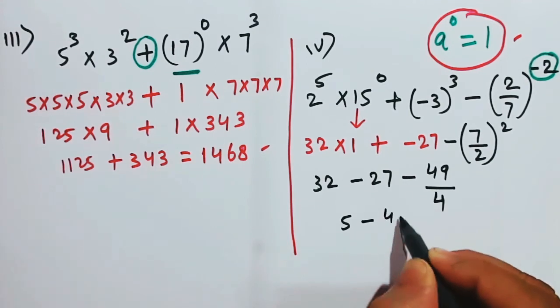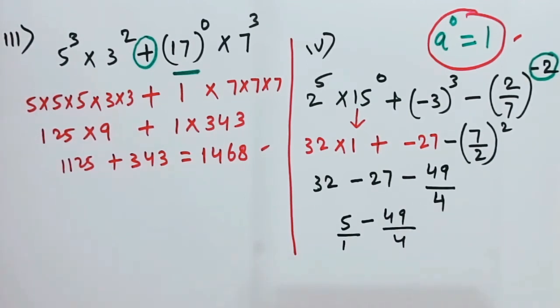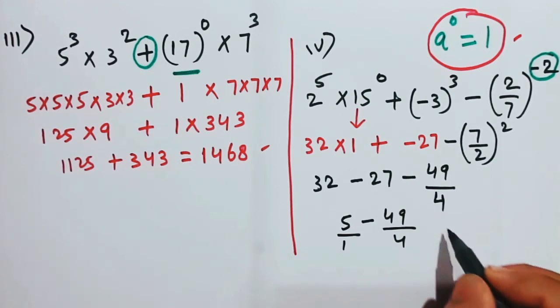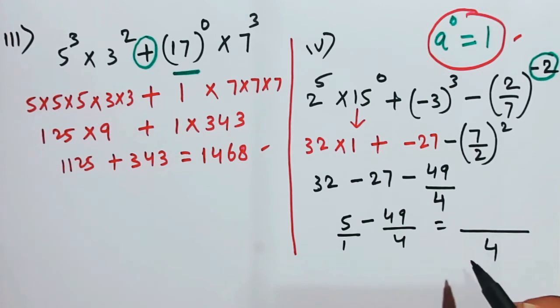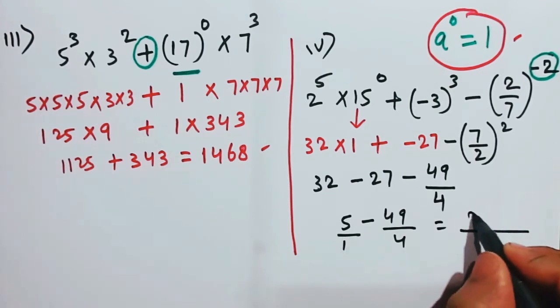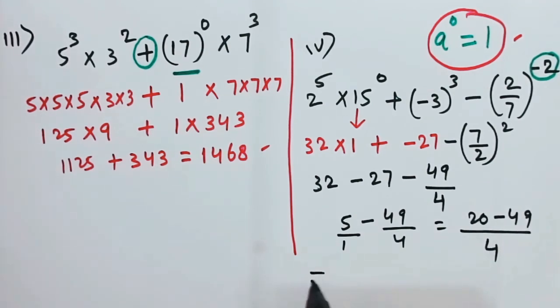So 5 minus 49 by 4. Take this as your LCM. LCM of 1 and 4 will be equal to 4. And again here you have 20 minus 49. So 20 minus 49 will be equal to how much?